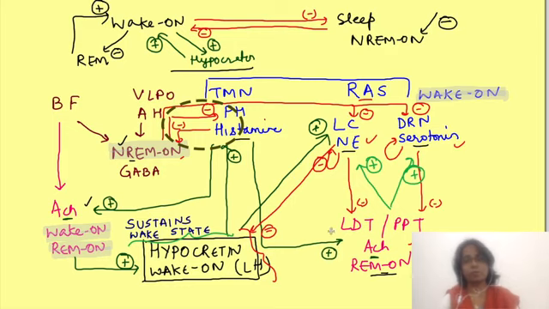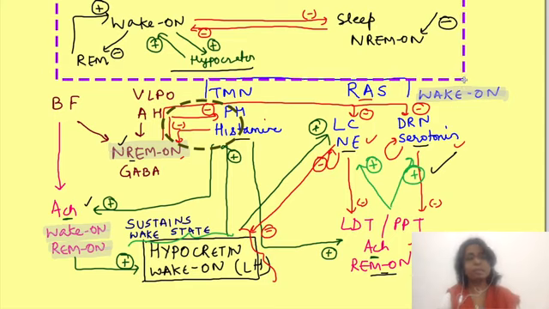So when REM neurons become active during REM sleep, they excite these wake-on neurons of RAS more and more, hence causing wakefulness. Okay, I know the connections are quite complex, but think of the simplified scheme first, then project it to the complex circuit. This will help you remember the circuit of induction and maintenance of various brain states.